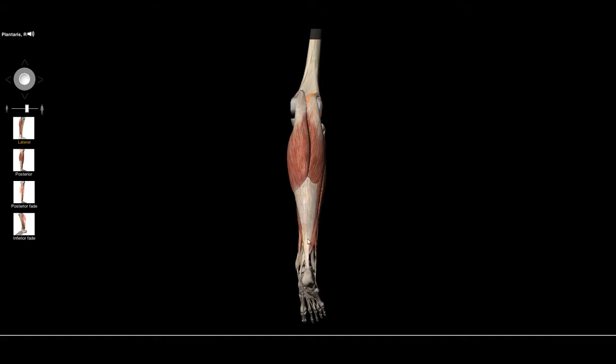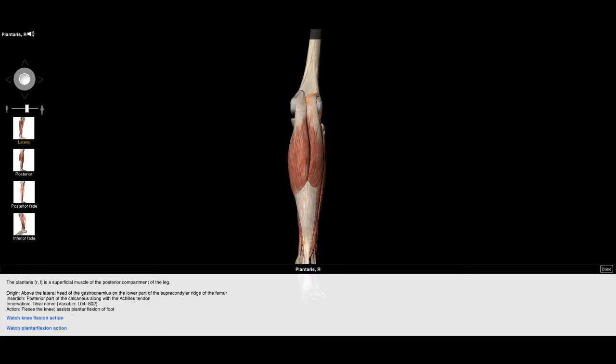Oftentimes on dissection, that tendon gets confused as a nerve because it's such a long tendon, and not everybody even has this muscle. And I think its primary role, although when we look at it in space, we call it a plantar flexor and a knee flexor.